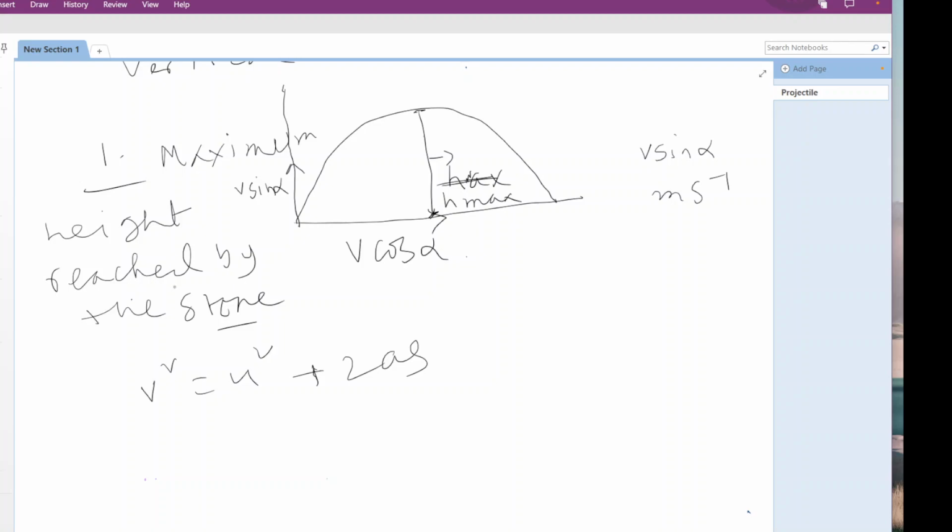At the top of maximum height, the vertical velocity is 0, therefore write 0, and the value of u here is v sin alpha, therefore v squared sin squared alpha. 2, a is replaced by minus g and s by h max.